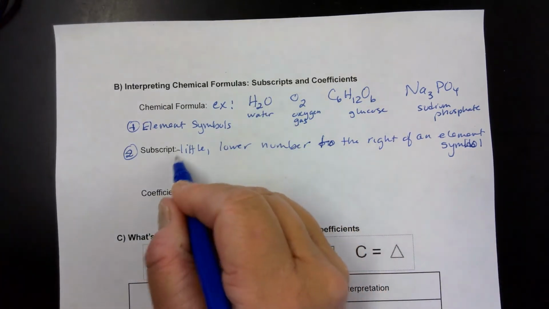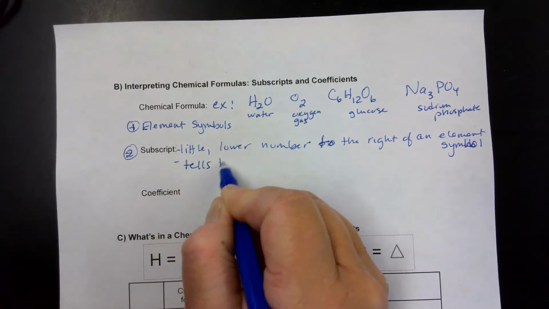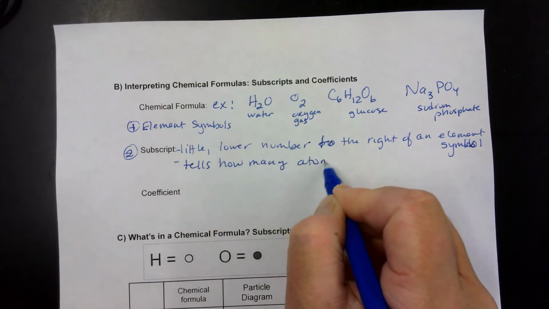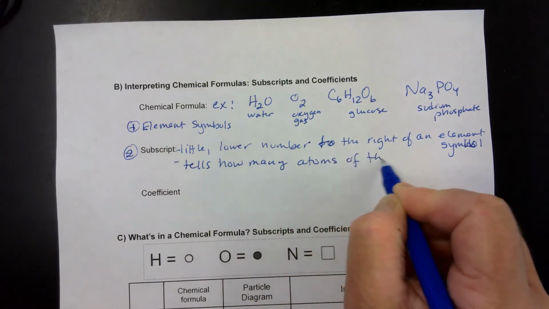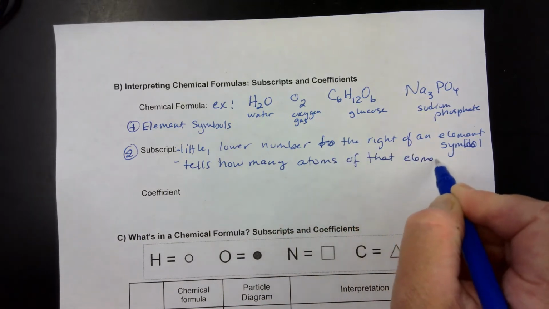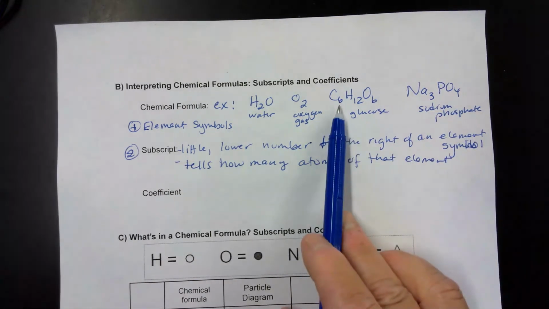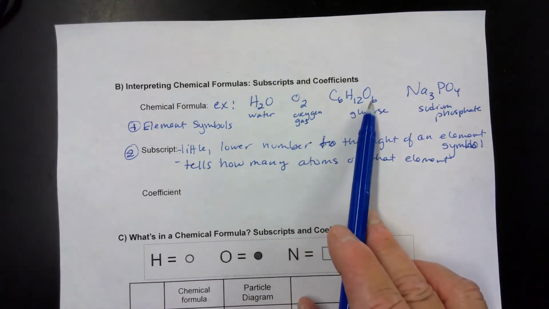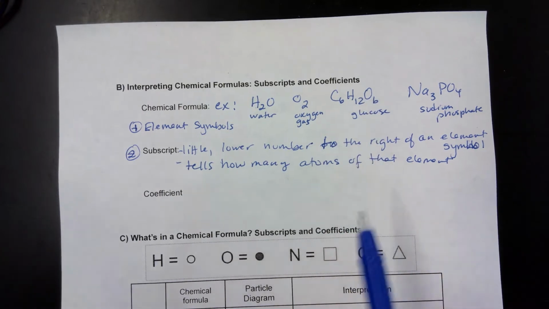So that's what the subscript does, it tells how many atoms of that element. So in glucose, that means there are 6 carbons, 12 hydrogens, and 6 oxygens.